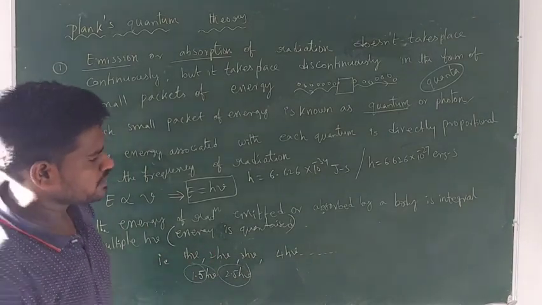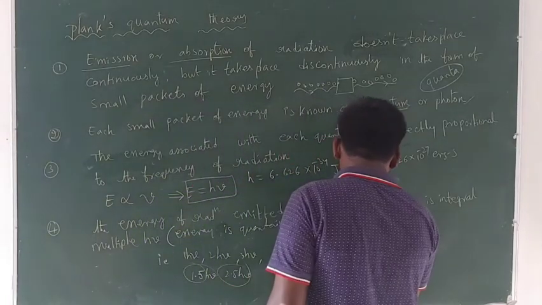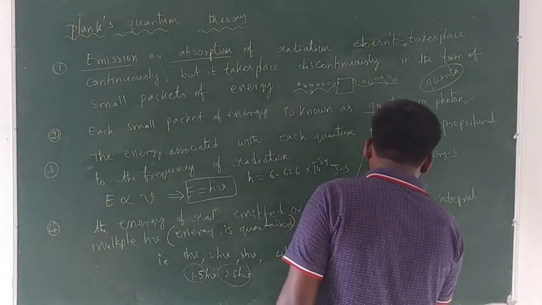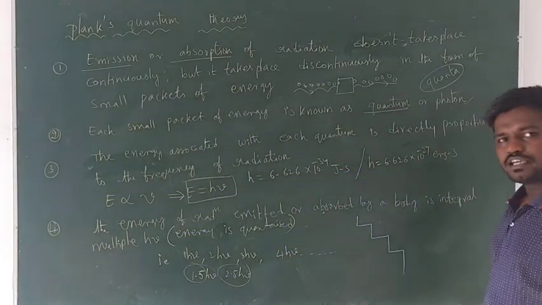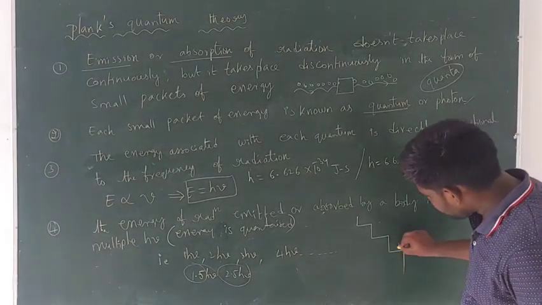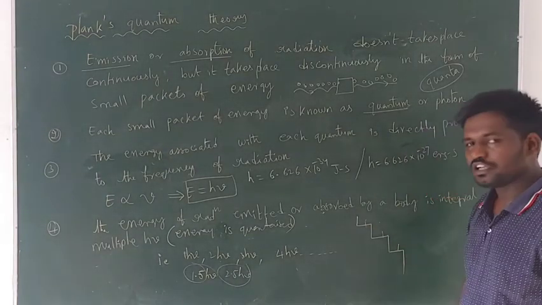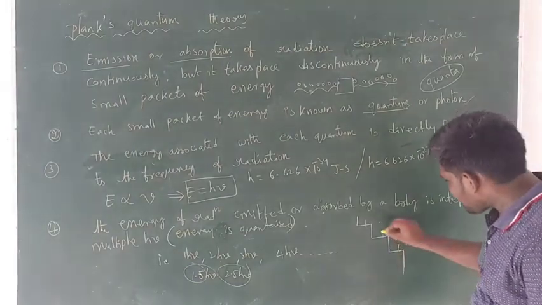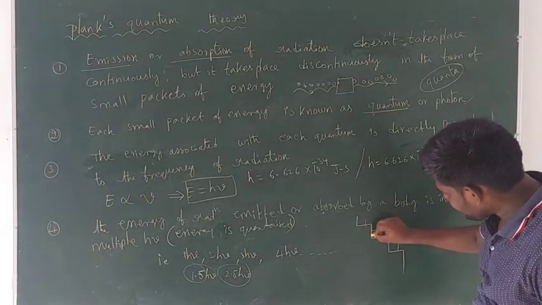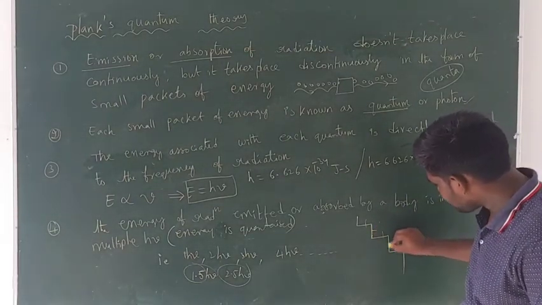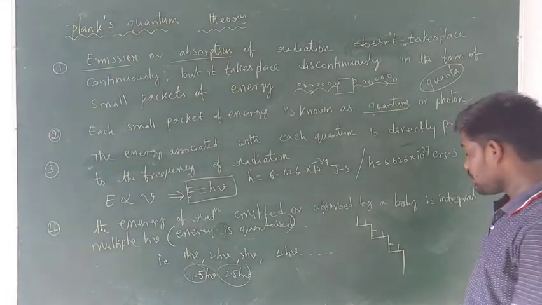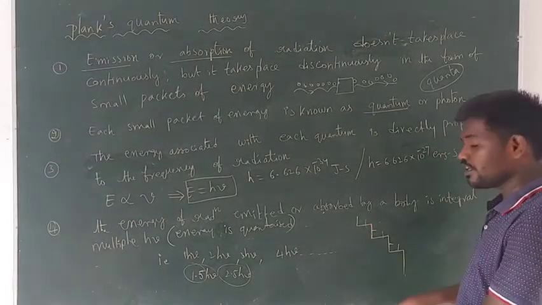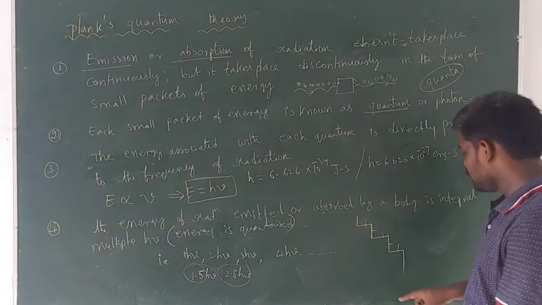I will give you one example, guys, to understand this one. For example, take a staircase. A person can stand only on the first step, second step, or third step, but no one can stand in this vertical area. So only on fixed steps is there a possibility to stand.